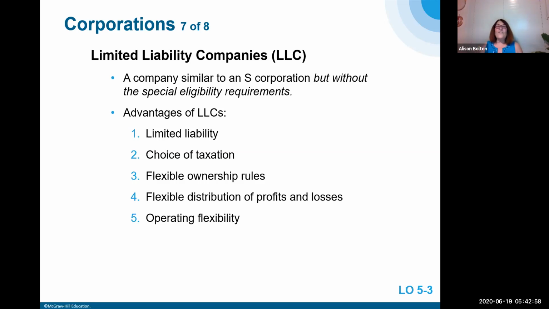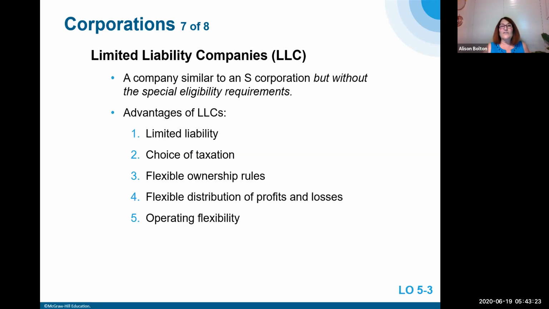So that changes all that around. Maybe instead you'd rather just be an LLC because you don't have to worry if you have more than 100, or if you have somebody who's not in the estate or doesn't have permanent U.S. citizenship, in your business. This might work better for you insofar as what you would like to do.